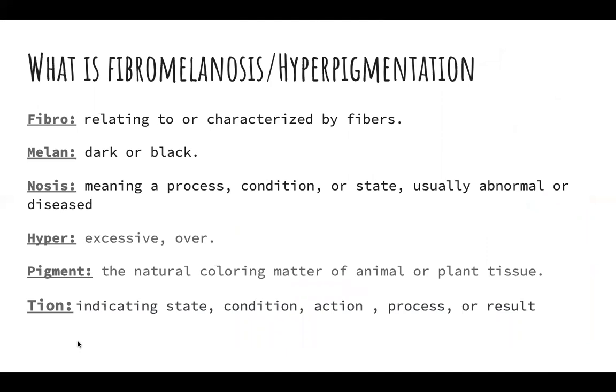What is fibromelanosis and hyperpigmentation? Western scientists refer to supermelanation as fibromelanosis and hyperpigmentation. However, Halim and I call it superpigmentation or supermelanated. As you have already noticed, the "osis" implies that dark fibers are abnormal or diseased.